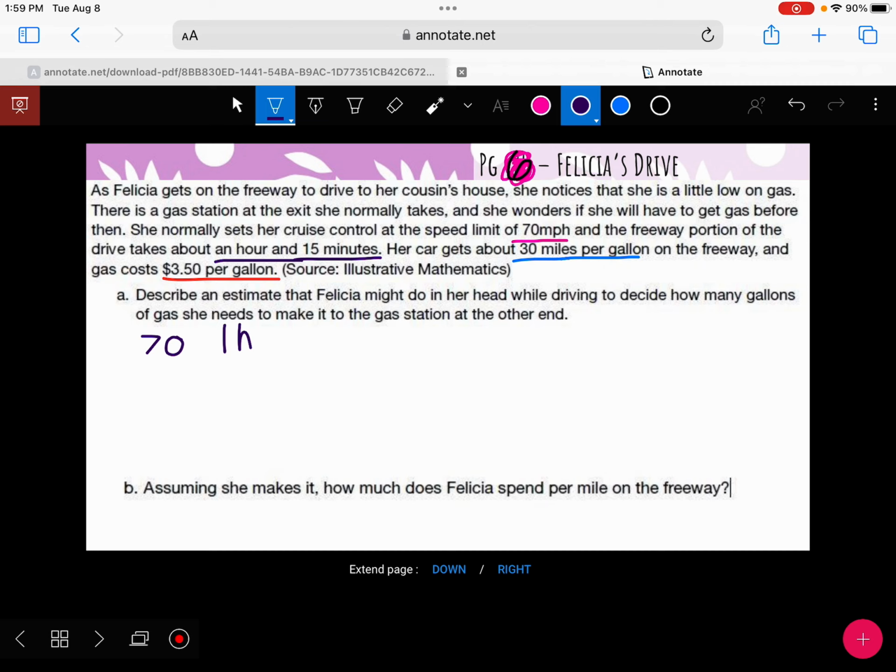What's a number that's nearby 70? 75? 75 is easier to third than to quarter, because a third of 75 is 25. Go a little higher. 80. What's a quarter of 80? That's half. 20. So we could estimate she goes about 20 miles in a quarter of an hour.